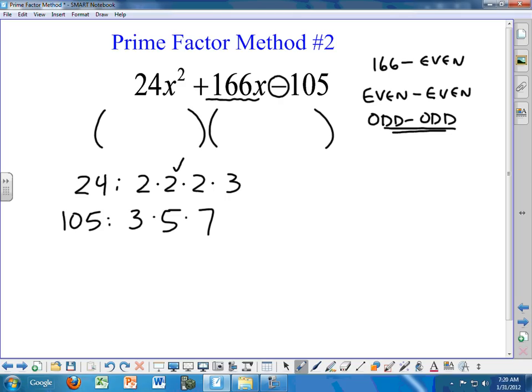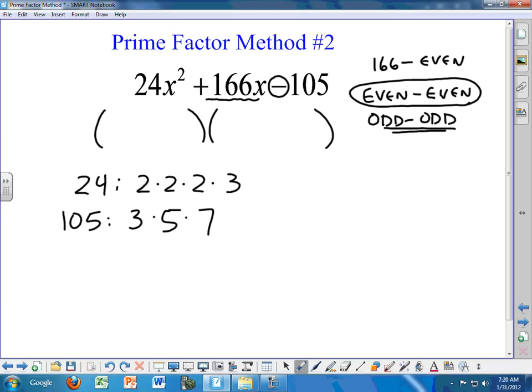Right over here I have 2's, so I know I'm going to generate some even values. So I'm not going to see a way to do this with odd and odd. Therefore, I'm going to have to make two even groupings.